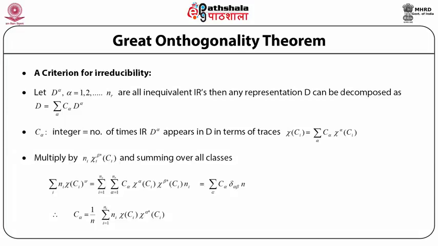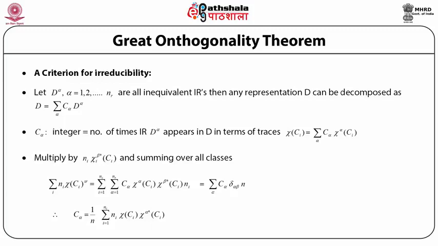Multiplying this by Ni, chi beta Ci star, and summing over all the classes, so I have the sum of Ni chi Ci chi beta star Ci equal to the sum over I from 1 to nc, where nc is the number of classes, and another summation from alpha equal to 1 to nr, of C alpha, chi alpha Ci, chi beta star Ci, Ni.